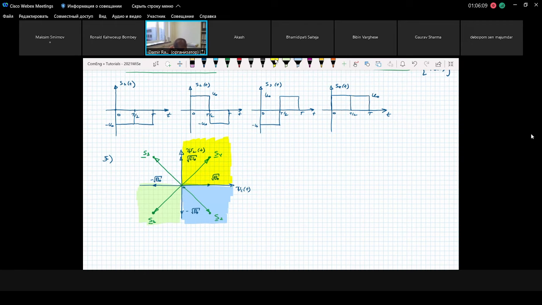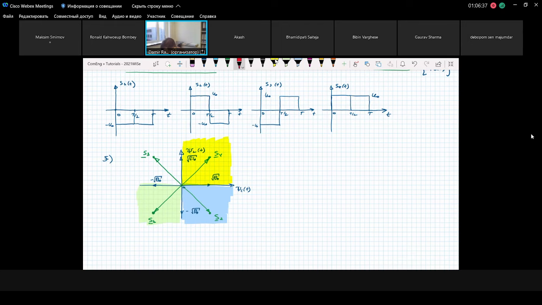Okay, let's go further. This part determines the minimum Euclidean distance, d min, between the signals as a function of EB. Minimum distance, just based on its name, means we need to find the minimum distance between points.